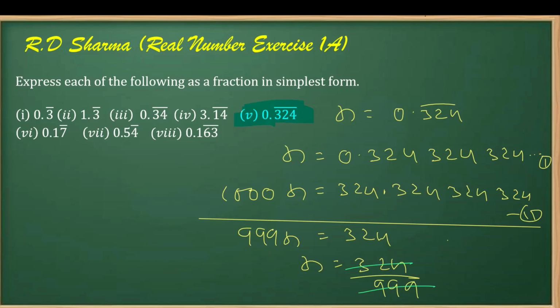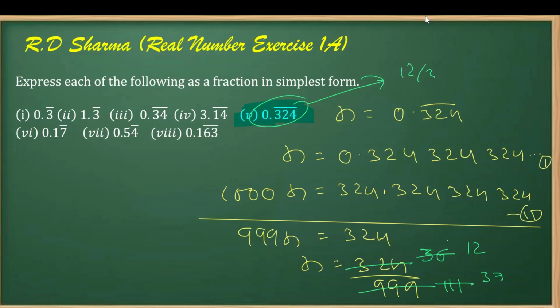We know that 999 is divisible by 9 and 324 is also divisible by 9. So this is 3 times 9 is 27, and 36 on the top, and 111 on the bottom. I can see that these two are also further divisible. 36 is 3 times 12, and 111 is also divisible by 3, giving 37. So the answer for this part is going to be what?